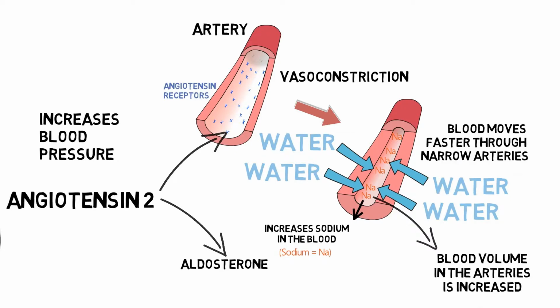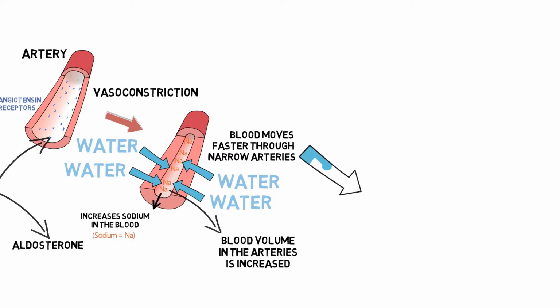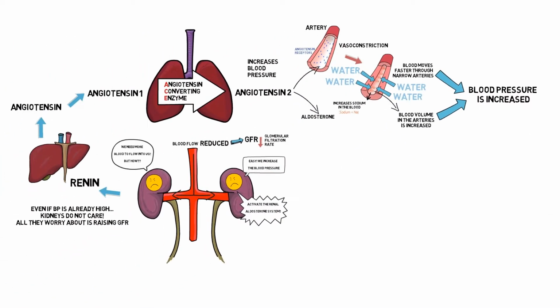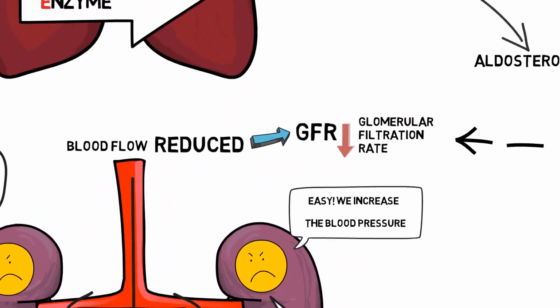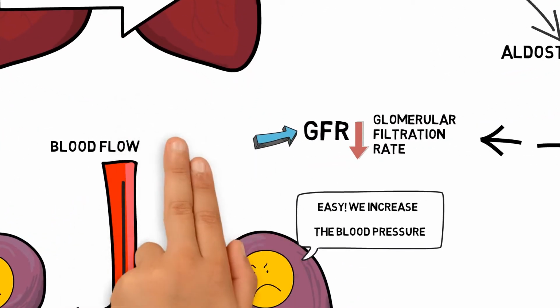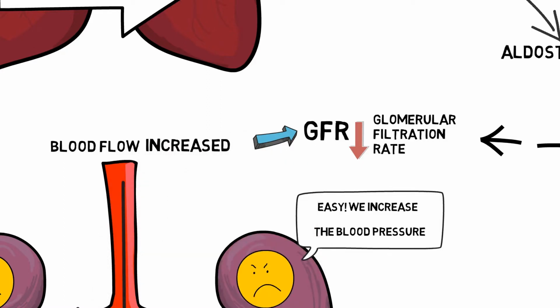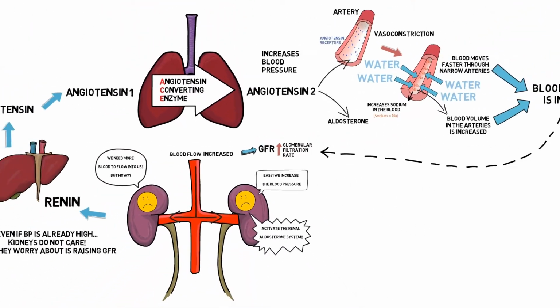So the net effect of the blood moving faster and the increased volume is an increase in blood pressure. The effect of this on the glomerular filtration rate is that blood flow is increased, which in turn increases the GFR, and the kidneys are happy. So this essentially is the renin angiotensin aldosterone system.